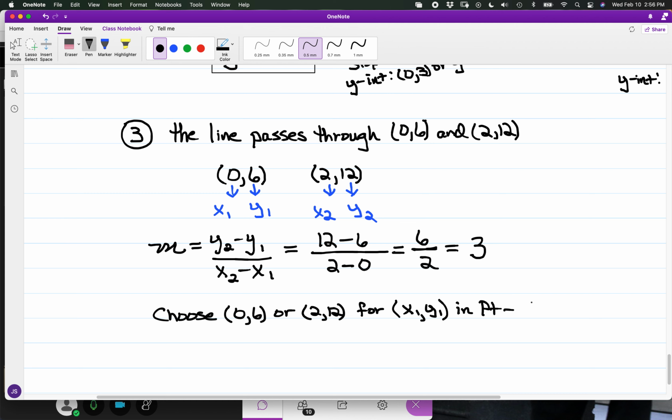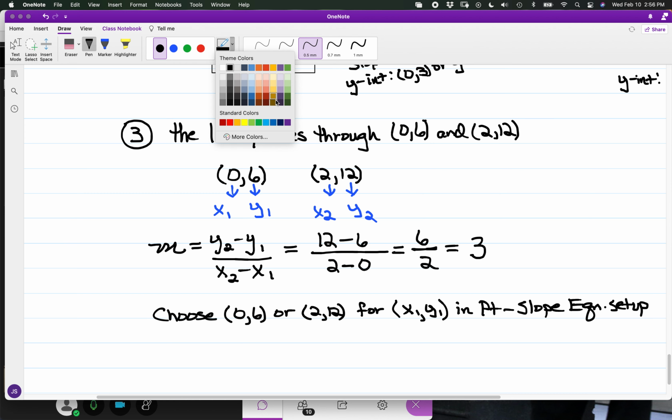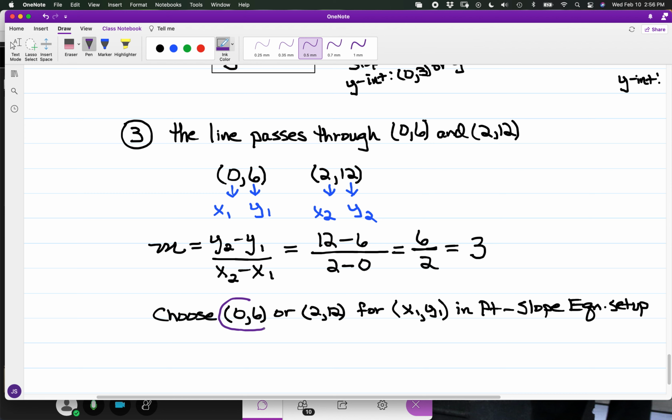In the point-slope equation setup, it doesn't matter which one you have. Tell you what, we'll just go with (0, 6).